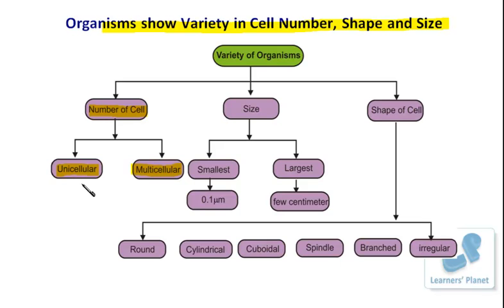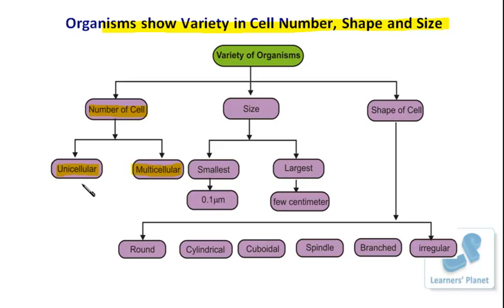Let us say, for example, if there is a digestive system, then for what purpose is it functioning? It is functioning for the digestion of food material, isn't it? And if it is the circulatory system, then it is related to the circulation of blood in our body. And when the blood is circulated in our body, definitely it serves as the basic method to transport different materials, right? Similarly, there is a nervous system, the reproductive system, and so on, and each function is carried out by different systems, isn't it?